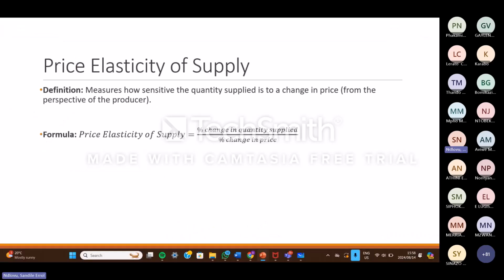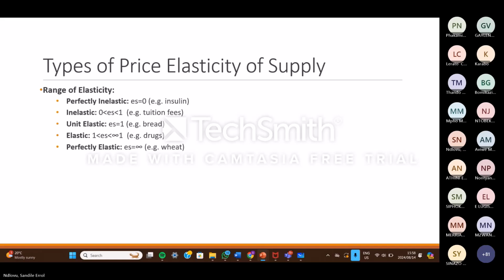Price elasticity of supply value: for a perfectly inelastic supply curve, the elasticity of supply value is 0, okay? And then for an inelastic or steep supply line, that value will be between 0 and 1, okay? An example would be tuition fees.